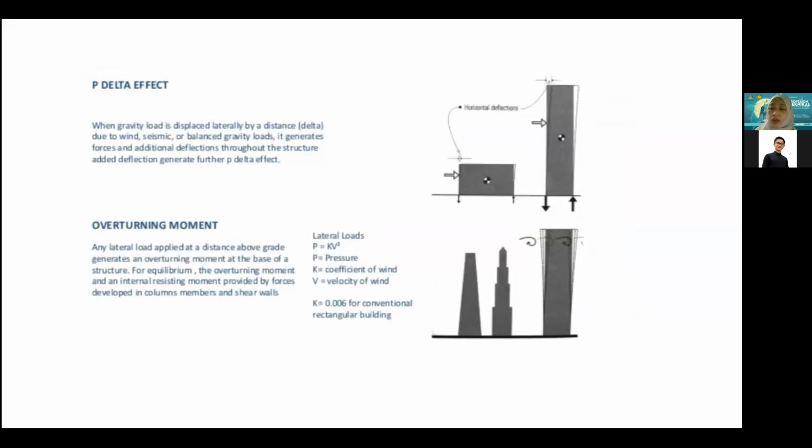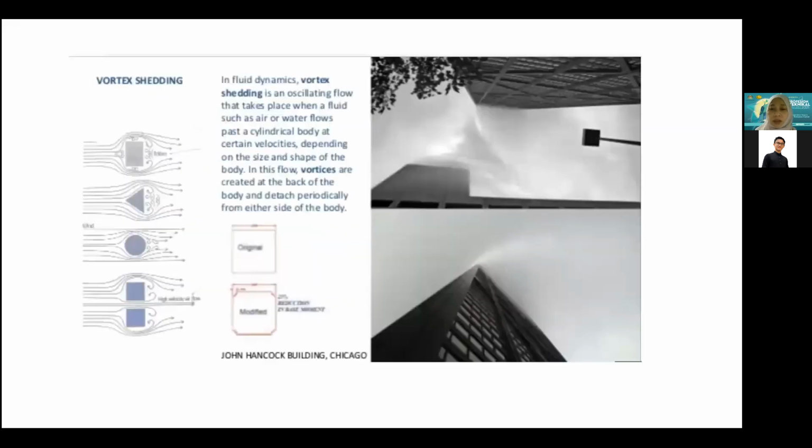There are also studies on the moment, the delta effect, the overturning moment, because when we talk about high rise, the pressure and the coefficient of wind have a very big impact on the high rise or medium rise building.